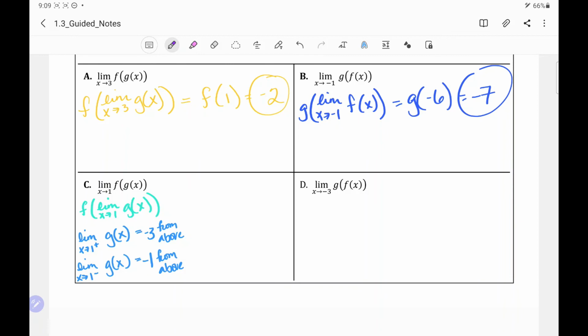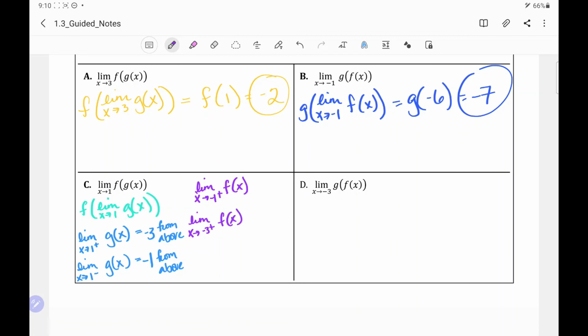So what we're going to look at is we have -3 and -1, both from above. So I am going to look at f, the limit as x goes to -1 from above, which would be from the right, of f of x, and I'm going to look at the limit as x goes to -3 from the right of f of x.